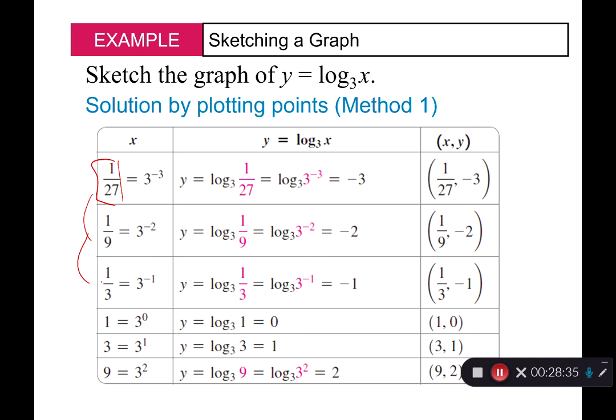Remember we said that 3 to the y power equals x, so my exponent is my actual y value. Why don't you take a minute, work through a few of these on the chart, and double check to make sure that I didn't make any errors anywhere.